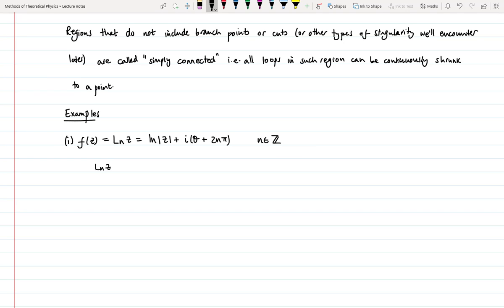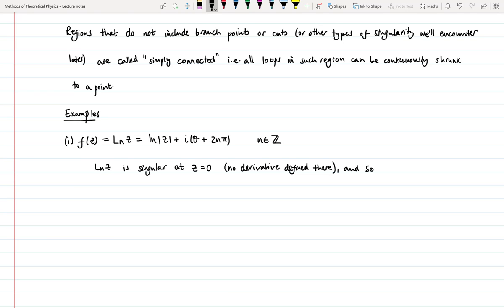Ln of z is singular at z equals 0. In particular, there's no derivative defined there. Because if you differentiate the logarithm of z, you get 1 over z, and this is undefined when z equals 0.